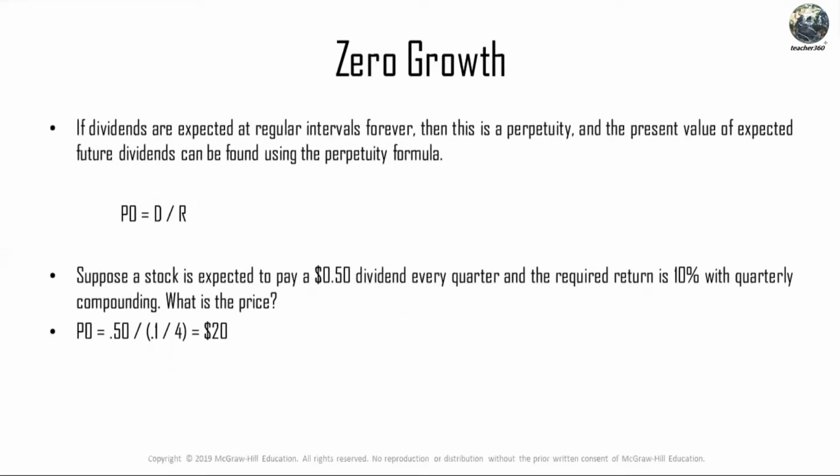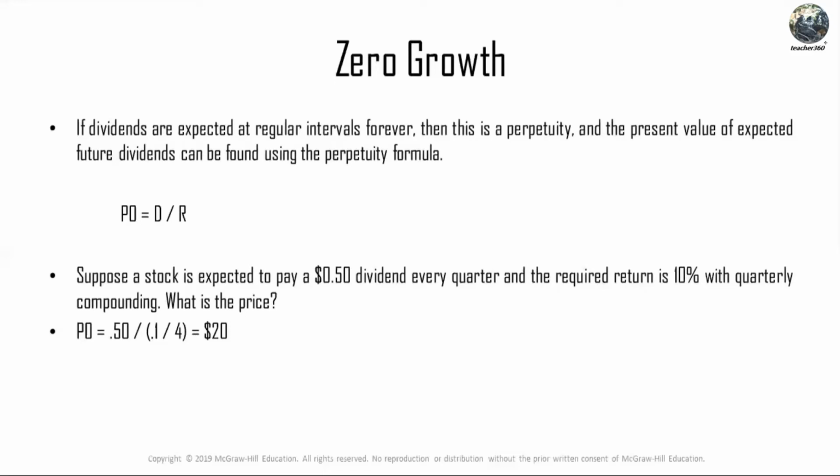Zero growth. If dividends are expected at regular intervals forever, then this is a perpetuity. And the present value of expected future dividends can be found using the perpetuity formula, P0 equals D by R. In the zero growth rate dividend model, the dividend is paid at a constant rate.